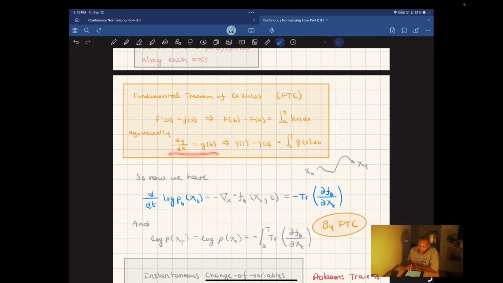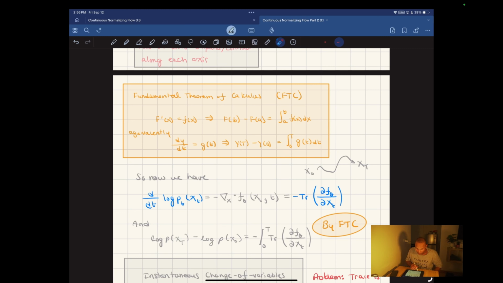If we're using Leibniz notation, which is the notation we're using, the derivative of y with respect to t equals g of t, the function that we're evaluating in the integral. Then we can say y of capital T minus y of 0 equals the integral from 0 to T of g of t dt.